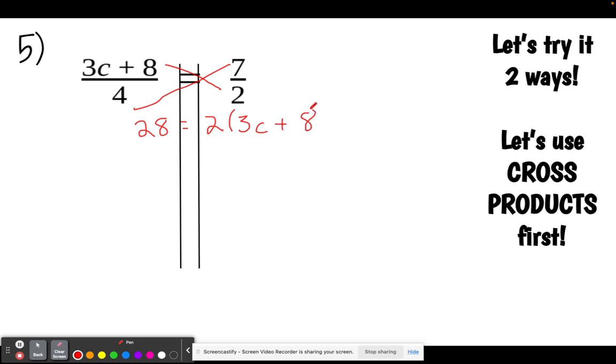I'm going to feed the birds, or distribute as we call it. 2 times 3c is 6c plus 2 times 8 is 16. That equals 28. Subtract 16 from both sides.